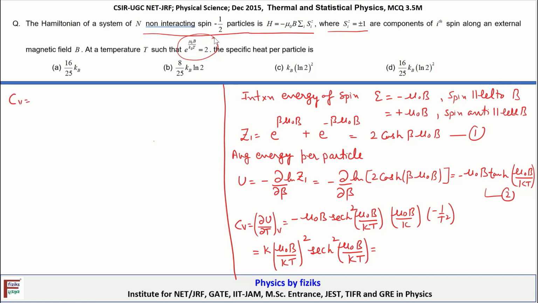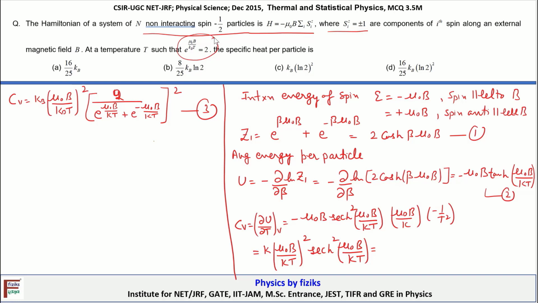So CV will be equal to k times (mu naught B upon kT) its square, and then we will write the sech in terms of exponential functions, it's the inverse of the cosh, so 4 divided by (exponential mu naught B upon kT plus exponential minus mu naught B upon kT) whole square. Basically a factor of 4 will come here, since cosh has a factor of 2. Now let me call this equation 3.